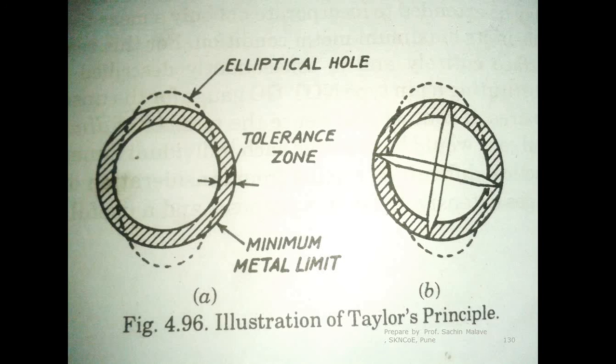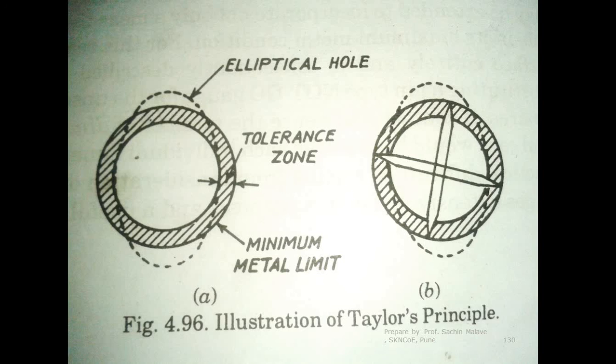So this inner circle represents the minimum size of the hole, meaning it is the maximum metal condition. Outer bold circle represents the maximum size of the hole.